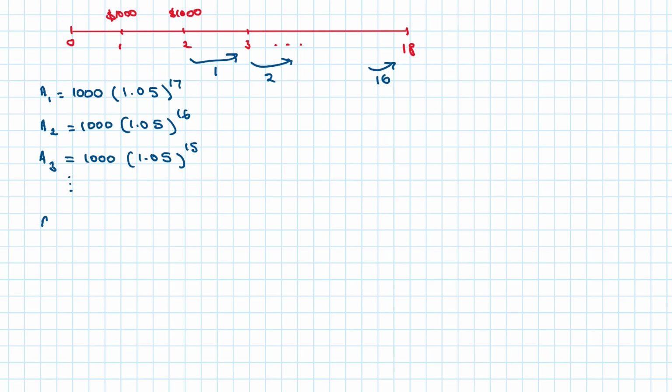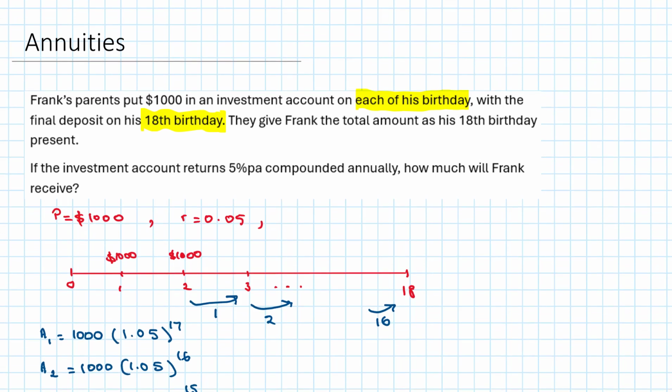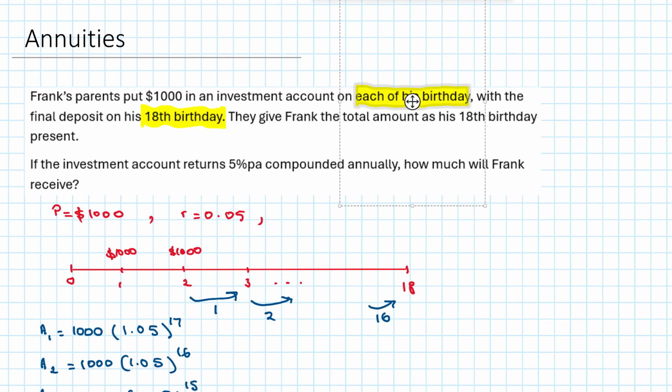If I follow that pattern, when will be the last amount? So the question says the final deposit happens on the 18th birthday. So $1,000 does go into the account on the 18th birthday, but then the money is also paid to Frank on his 18th birthday as his present.